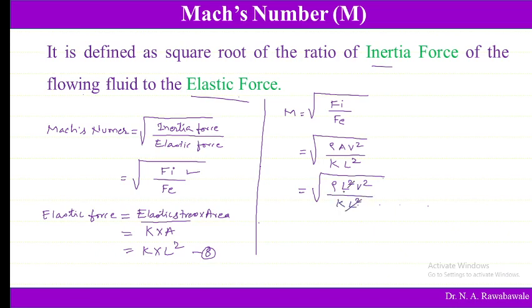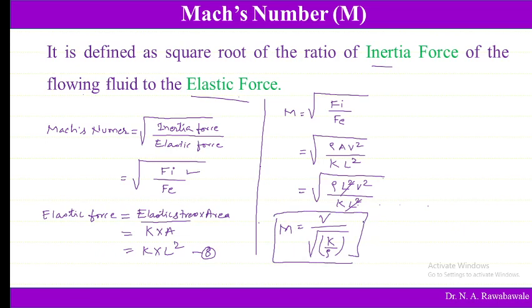L square gets cancelled. So we can take this V, square root of V square is V, and this rho, if we transfer into the denominator, it will be k divided by rho. So Mach number is given by V divided by square root of k divided by rho.